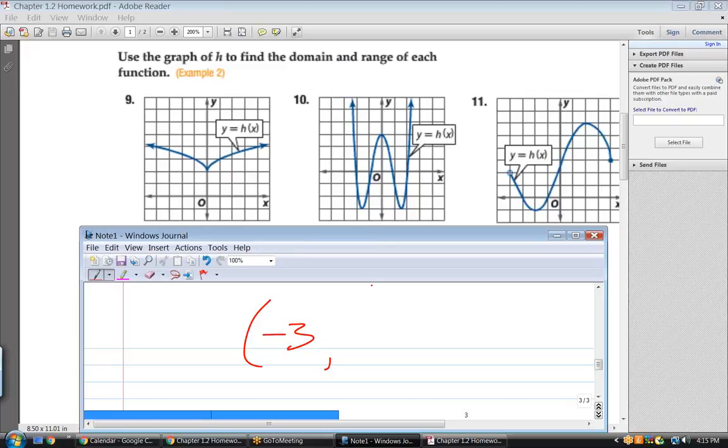No, you got it, but it doesn't go to negative infinity. If we're looking at range, we're only looking at the vertical range. So the vertical range on the low end is -3. And then it goes to infinity, but should this be a parenthesis or a bracket? A bracket. Correct, because it can be -3.